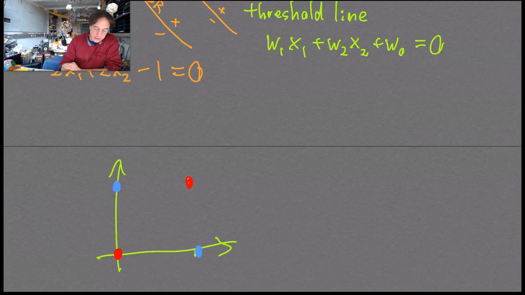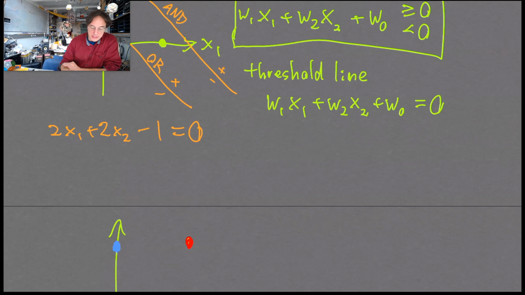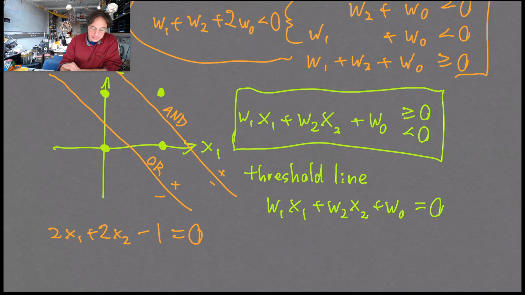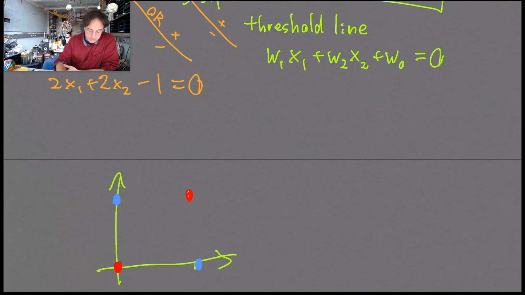Well, if we look at the 2 red points, they both have to lie on the positive side of the line, right? In order for them to be classified as positive cases, cases where the output should be 1.